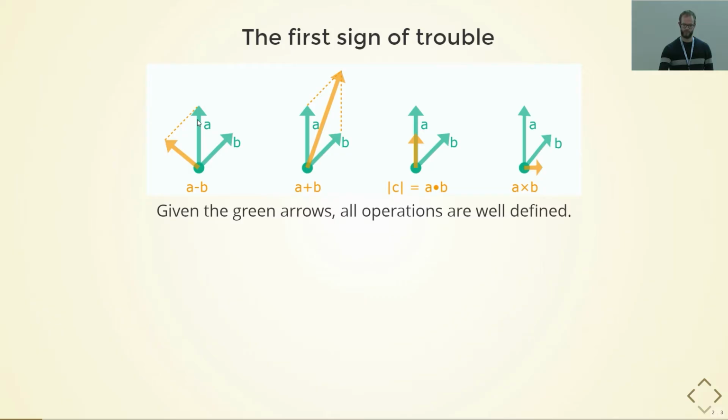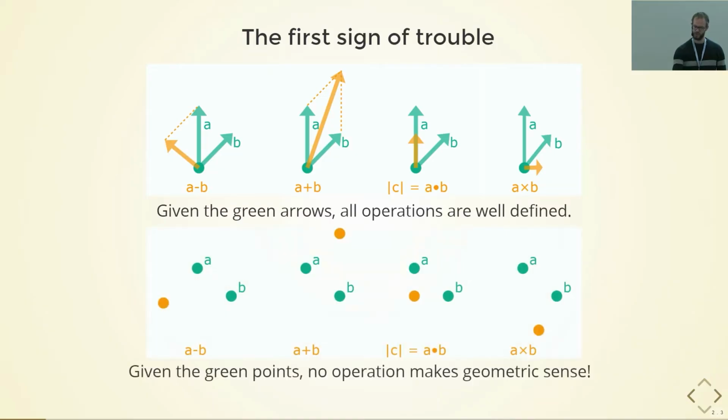So I have an arrow A and B, and I can take the subtraction, right? That's well defined. The sum of 2 vectors is well defined. We have the dot product and the cross product, and all of these things, when you're talking about arrows, are well defined. But when you use them for points, things actually stop making sense, right?